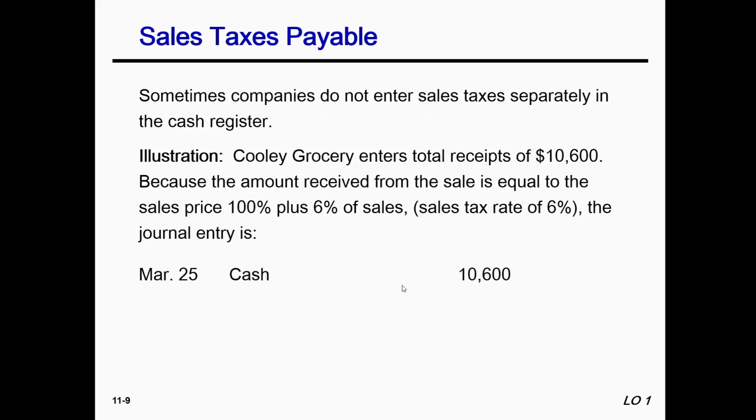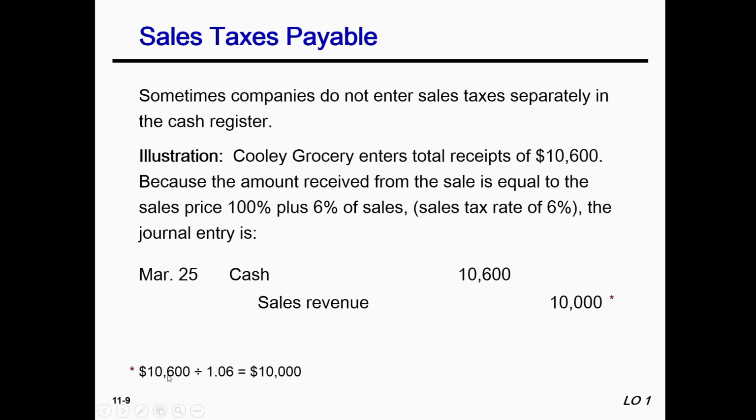So cash is collected, 10,600. We have to record sales revenue, but now sales revenue is not clear. We have to extract it out. So if the full receipt is 10,600 and the sales tax percentage is 6%, we will divide 10,600 by 1.06 so that we can get our sales revenue value.